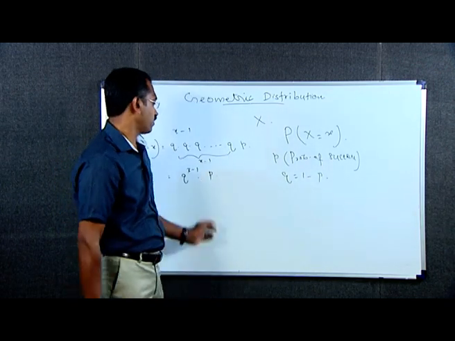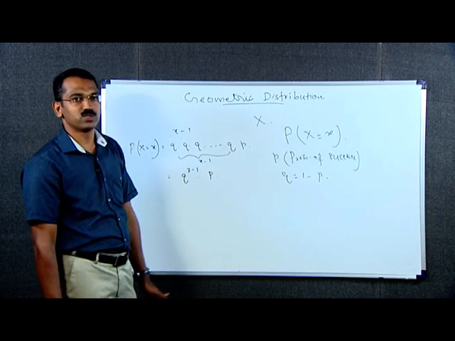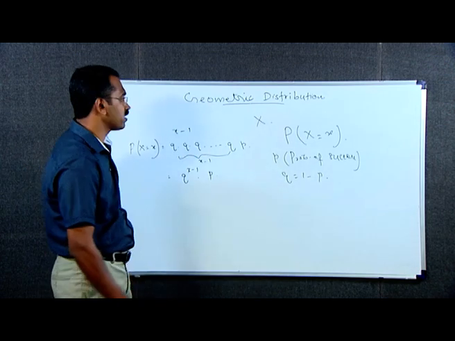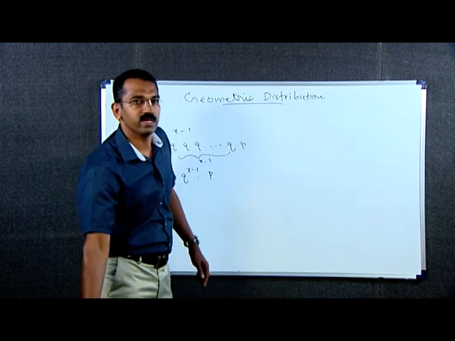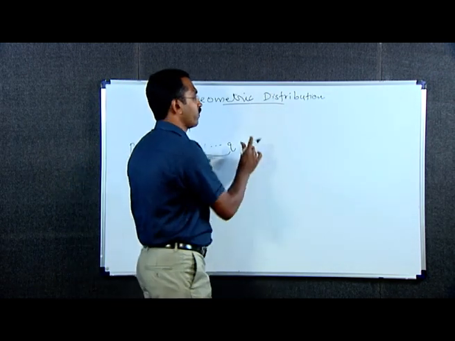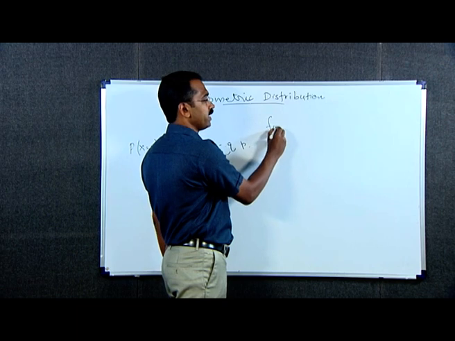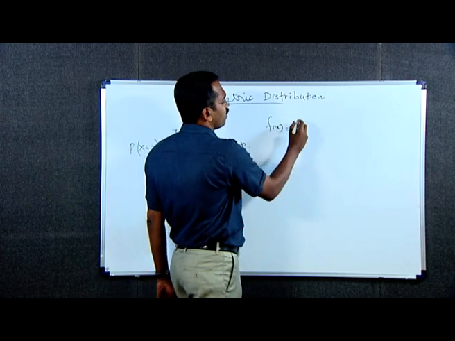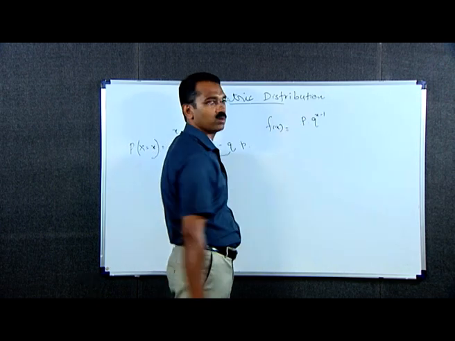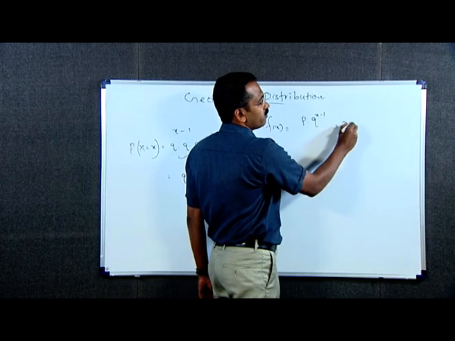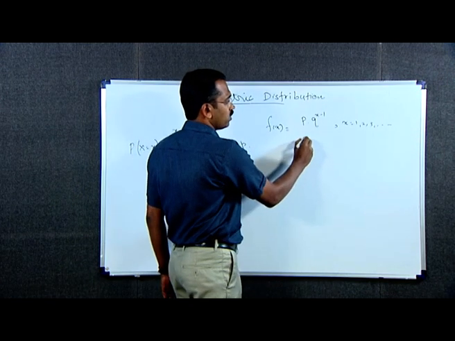This is the probability mass function of the geometric distribution. That is, the definition of geometric distribution: a discrete random variable capital X is said to follow a geometric distribution if its probability mass function is given by f of x equal to q raised to x minus 1 into p, or p into q raised to x minus 1, where x varies from 1, 2, 3, etc. up to infinity, and equal to 0 otherwise.